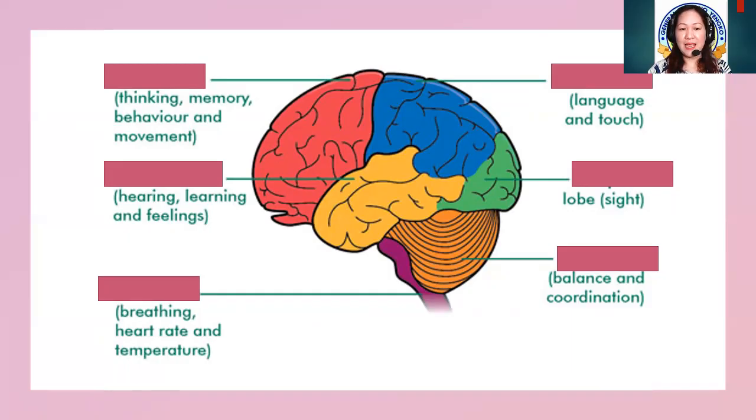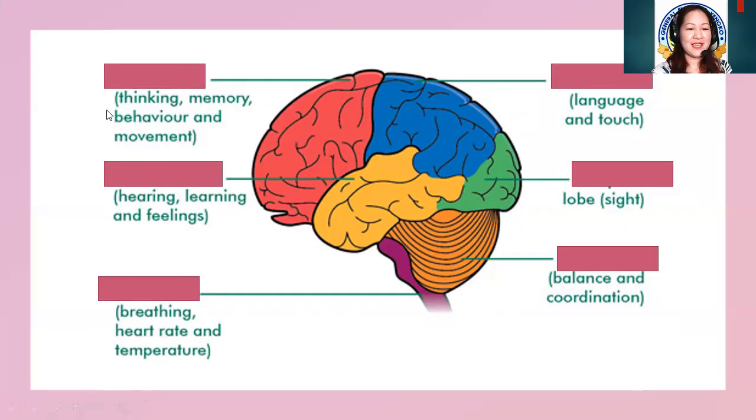So, I'll be telling you the function and I want you to identify which part of the brain am I describing. Okay, so let's begin with the first function. So, tell me, anong part ng brain ang responsible for thinking, memory, behavior, and movement? Okay, what's your answer?